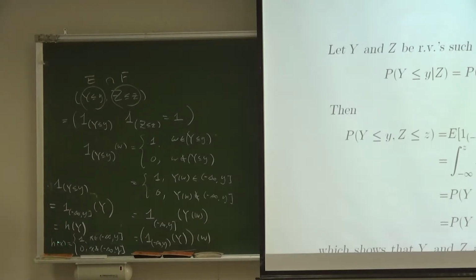So h of x is an indicator function of the semi-infinite interval: h of x is 1 when the point is in this semi-infinite interval, and 0 if x is not in it.